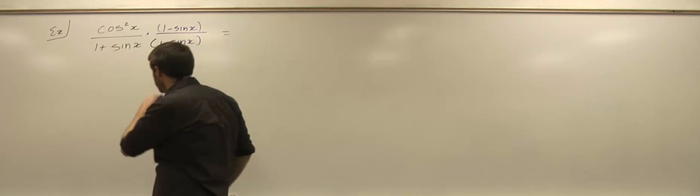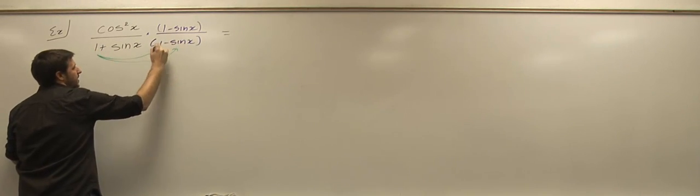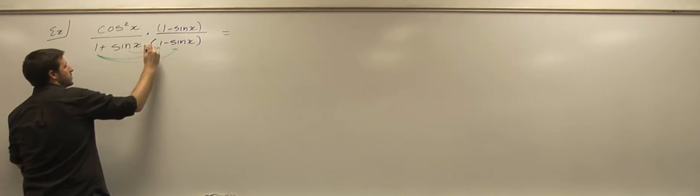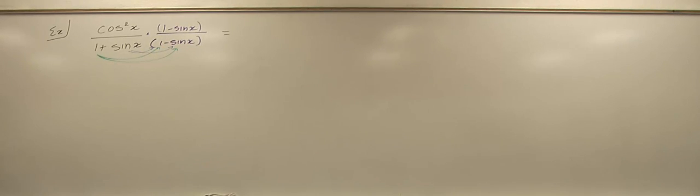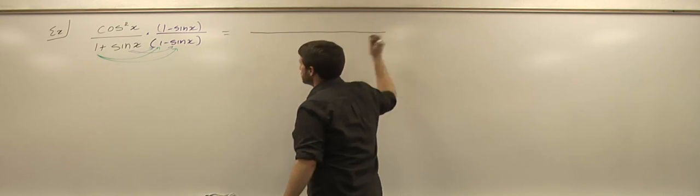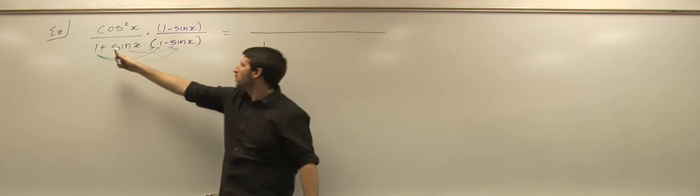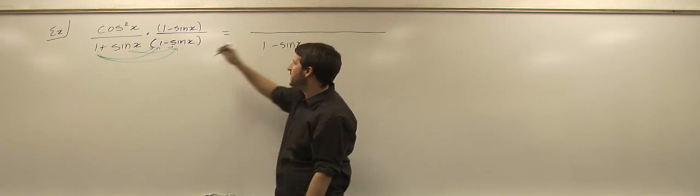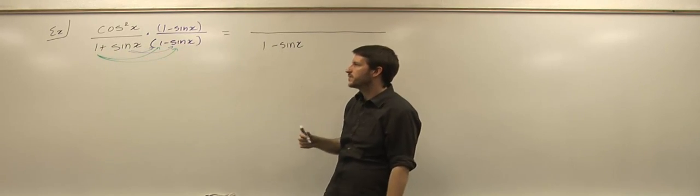If you did your foiling here, you would do 1 times 1 and 1 times sine, and then you would also do sine times 1 and sine times sine. So I'll write it out this one time so you see what happens. 1 times 1 will be 1. 1 times negative sine x, 1 times anything is the same thing, so 1 times negative sine x is negative sine x.